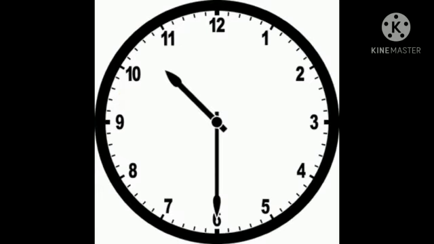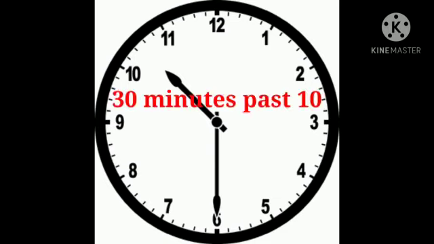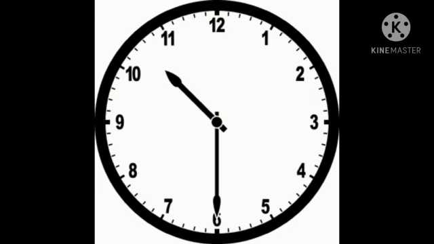Let's see next. Again here we can see minute hand is on 6, which means 5 6s are 30 minutes, and the hour hand is between 10 and 11, so we will take 10. So the time is 30 minutes past 10.